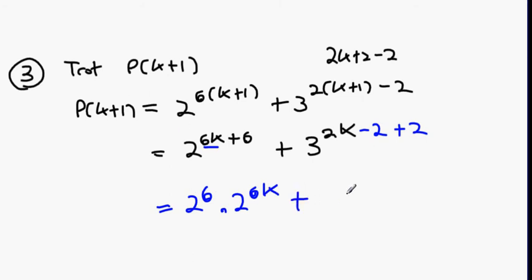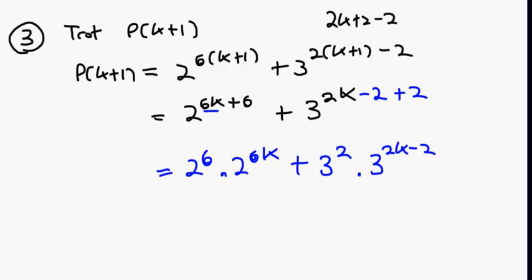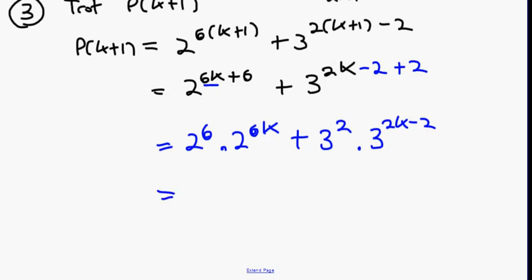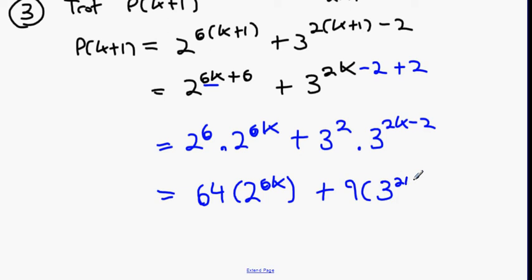And then we're going to have 3 to the power of 2 multiplied by 3 to the power of 2k minus 2. So 2 to the power of 6, as we know already, is 64. So we have 64 multiplied by 2 to the power of 6k, and then we have 9 by 3 to the power of 2k minus 2.